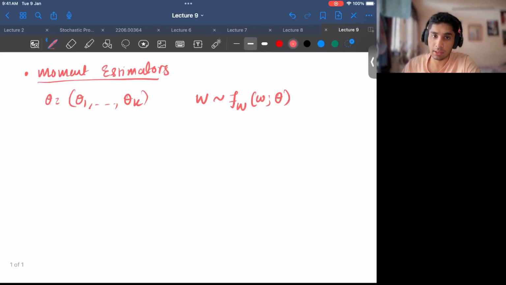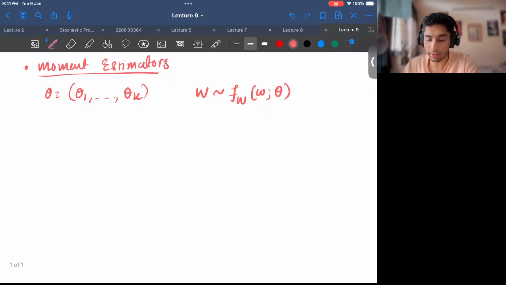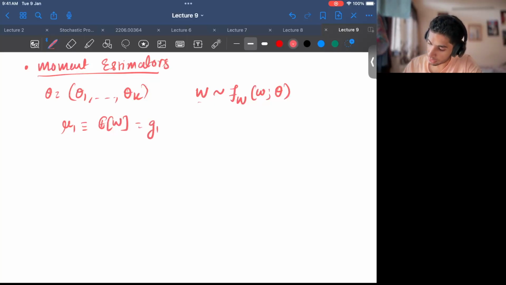To estimate these parameters theta 1 to theta k, you first calculate the first k moments of this random variable W. Let's say you define mu1 to be the expected value of W, the first moment, and that comes out to be g1 of theta 1 to theta k, where g1 is some function of theta 1 to theta k.